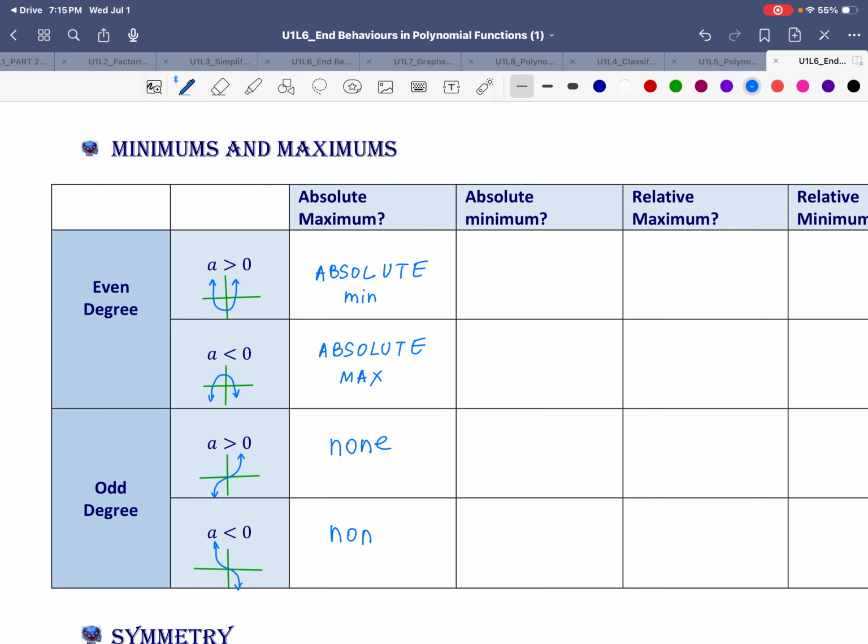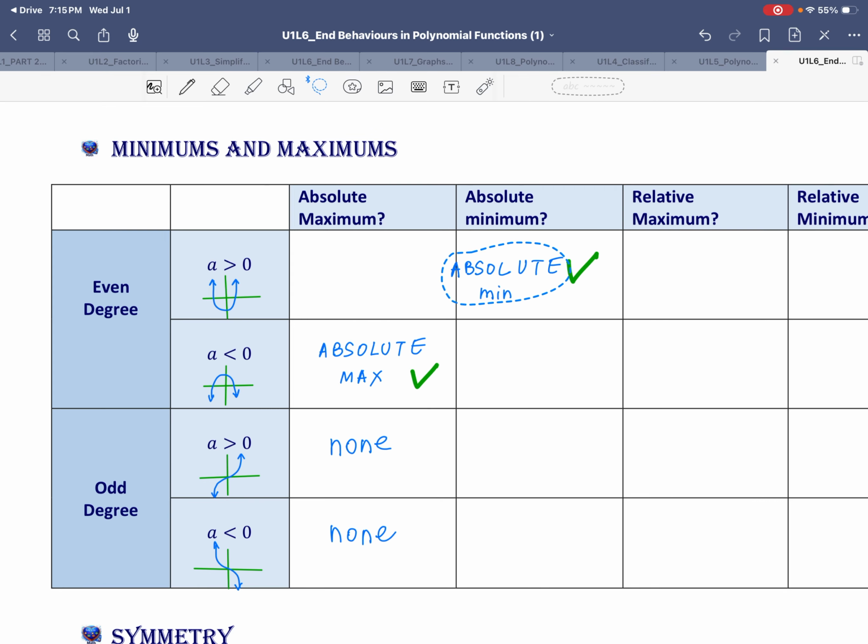And what I'm going to do, actually, I just noticed this. We're going to say that they do have an absolute min in here, so let's put a check mark in here. And the a negative will have an absolute max, so let's bring it here. I think I was being a little bit too specific when I was preparing the handout.